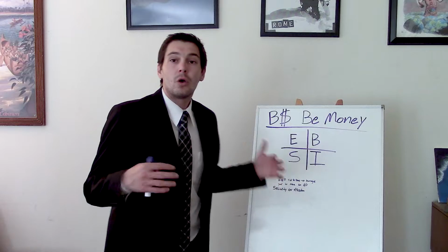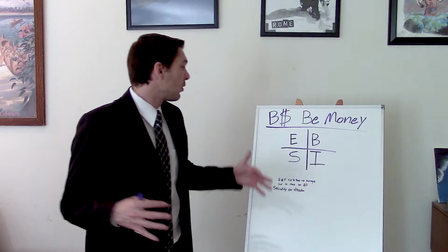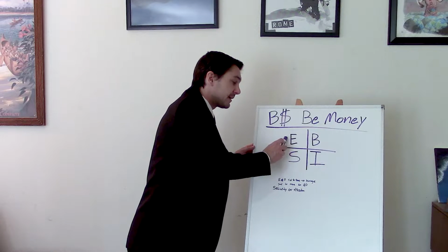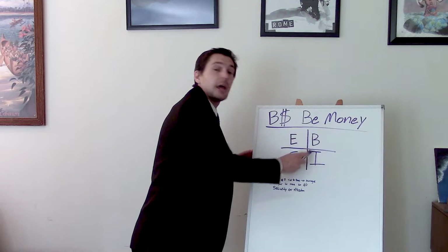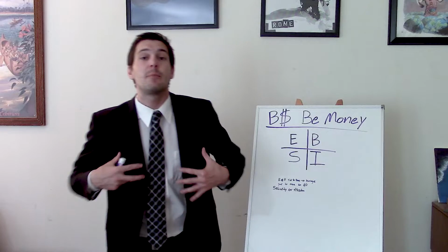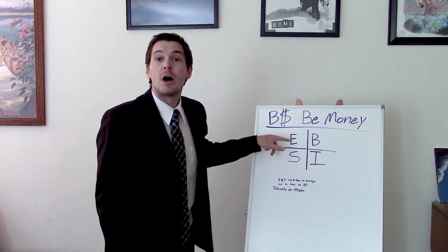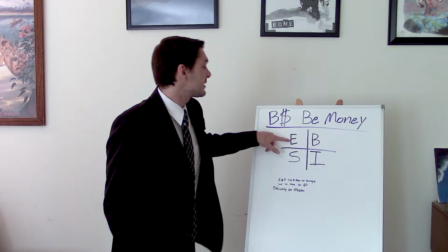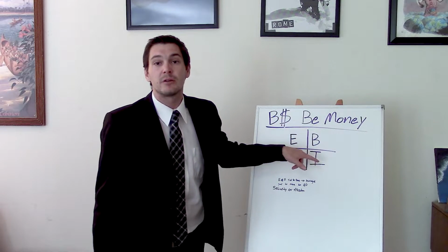So the whole goal of this video, the whole goal of life, is to get our body from this quadrant into another quadrant. And if we can't get our physical body there, then we have to get our dollars there. Once you get your paycheck this month, you need to take some of your dollars and move them into another spot on the quadrant.